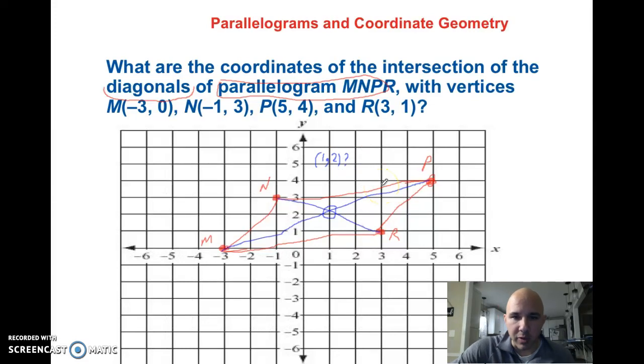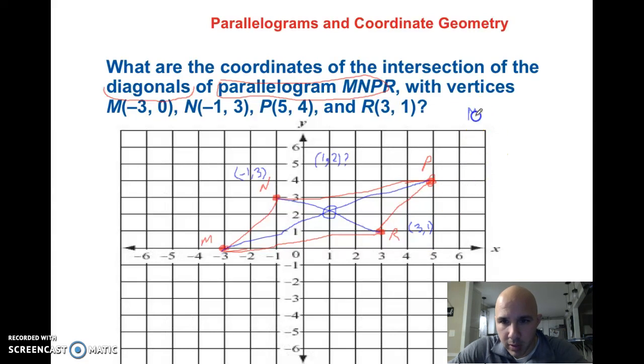I could do a couple different things here that make sense. I can start with my N, and I can start with my R. My N coordinate says (-1, 3), and my R coordinate says (3, 1). All right, so for me to figure out what the intersection is, I have to use the midpoint.